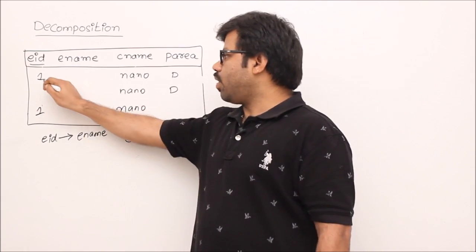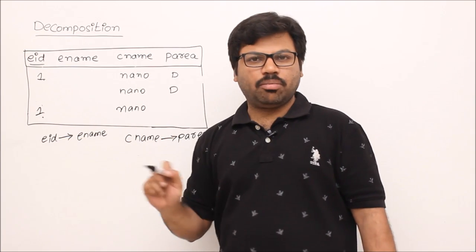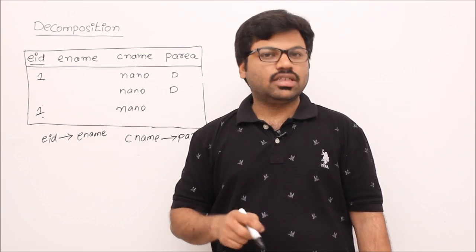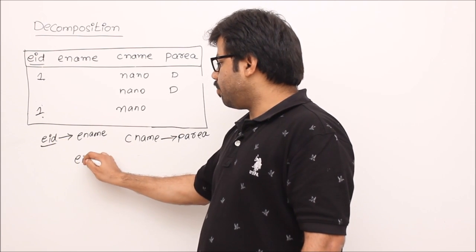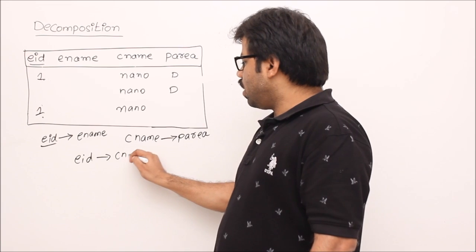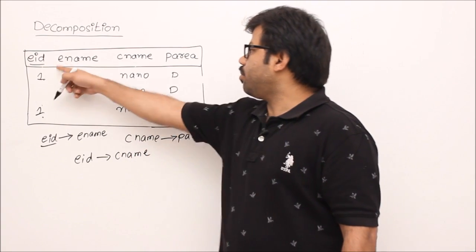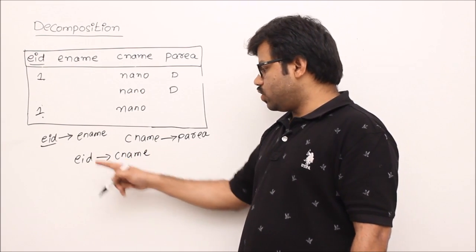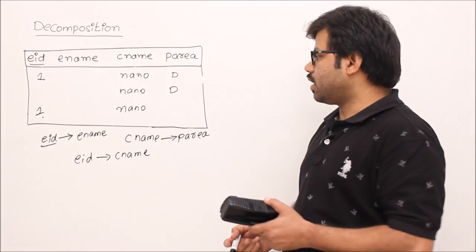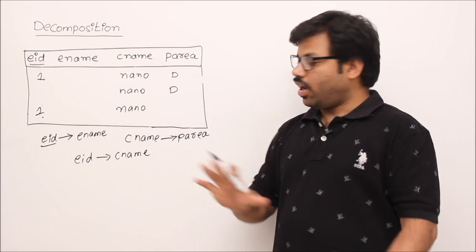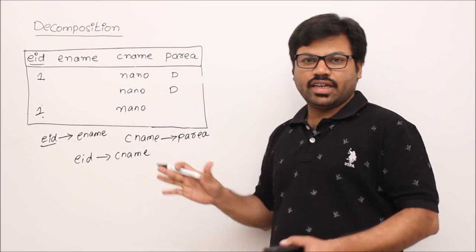That means whenever employee ID is repeated, car name has to be repeated, because every employee has exactly one car. Then employee ID determines car name. Let me write it. Now automatically employee ID determines parking area because of the transitive property: EID to CNAME, CNAME to parking area, then employee ID determines parking area.